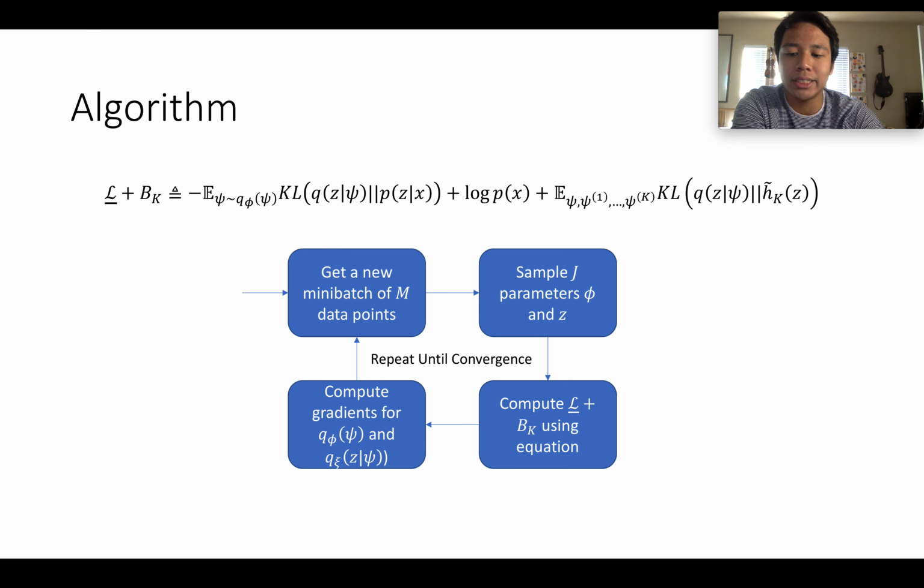So the optimization algorithm is as follows. Firstly, you get a new mini-batch of m data points. For this set of m data points, we sample j parameter values psi and j hidden variables z.